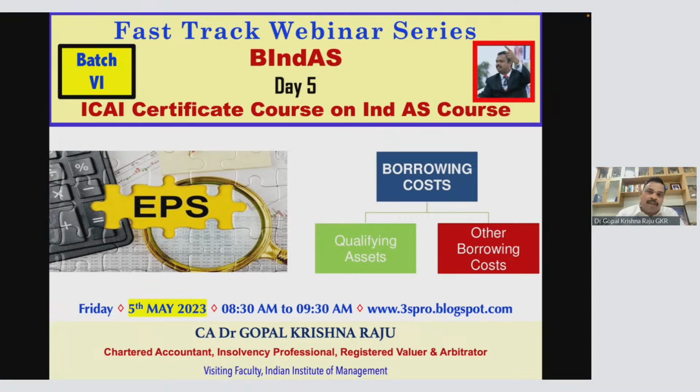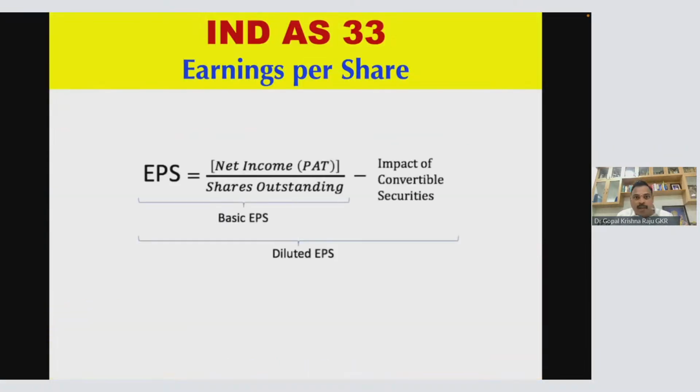And once you appreciate the purpose, the objective of this standard, I am sure you will really like the Indian Accounting Standard, and the purpose of bringing a standard also will be very clear. So let me take you through the normal formula for earnings per share.